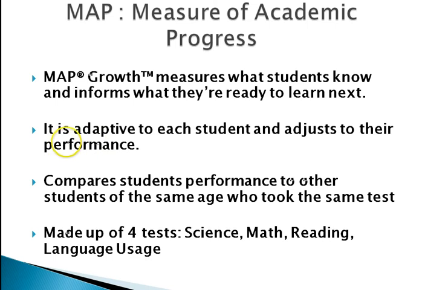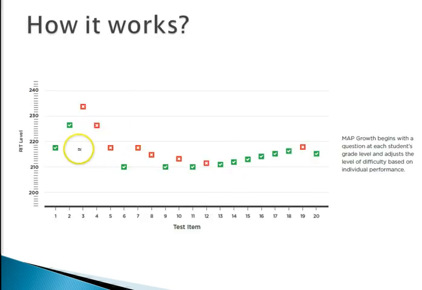When I said that it is adaptive to each student, I mean that it works like this. If a student faces a question and answers it correctly, the MAP software will give him a more difficult question. If he answers that question correctly too, it will give him a more difficult question. When a student answers a question wrong, it will give him an easier question.